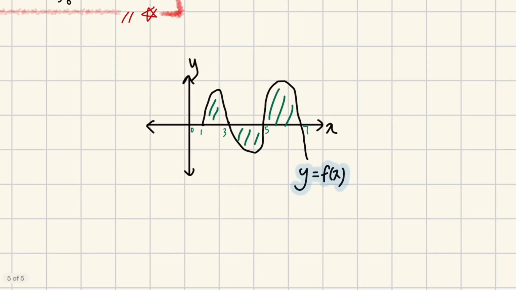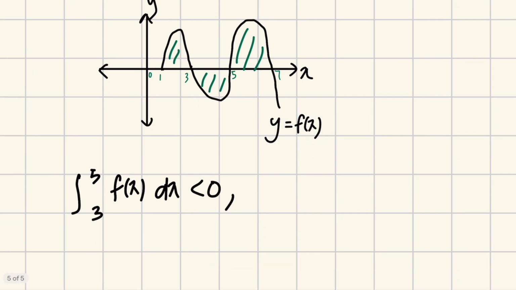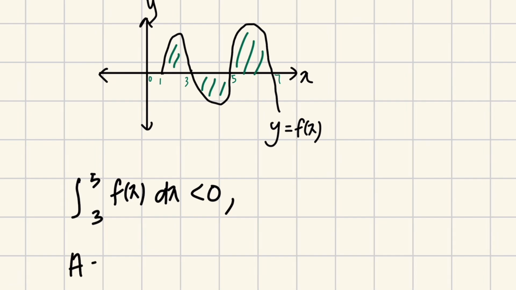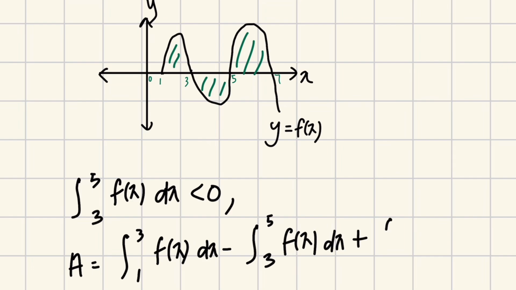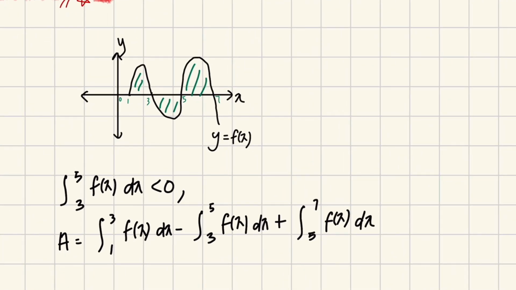We're talking about this example, because this part is negative, the area is going to be divided into three different parts, and that will be the answer.